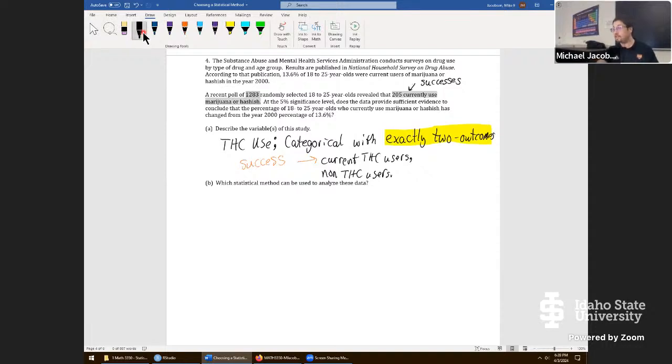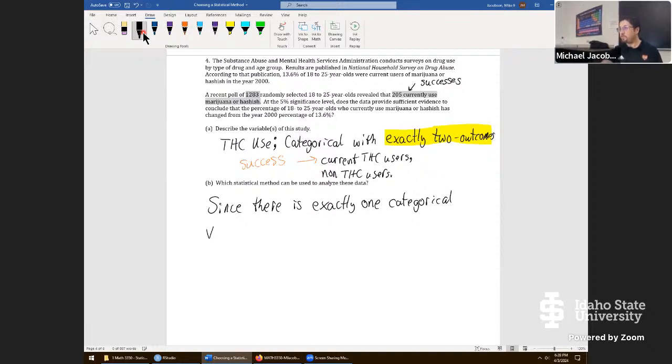And another thing additionally, since there is exactly 1 categorical variable with exactly 2 outcomes, we will use the 1 sample Z procedures.